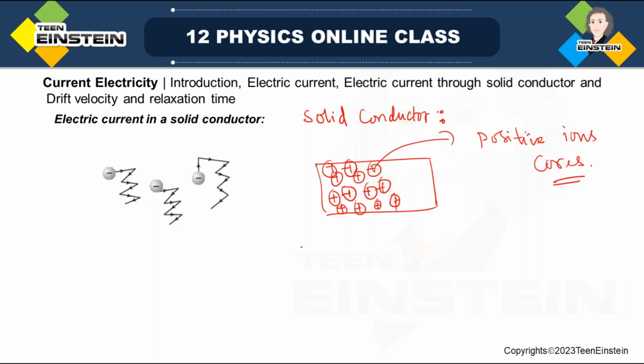Free means they will not be able to come out of the surface of the conductor, but inside the bulk of the conductor they can roam around like this, very randomly. These are the random motion of electrons.